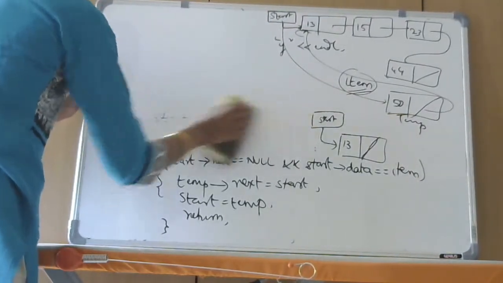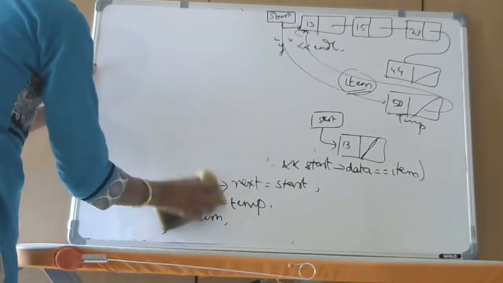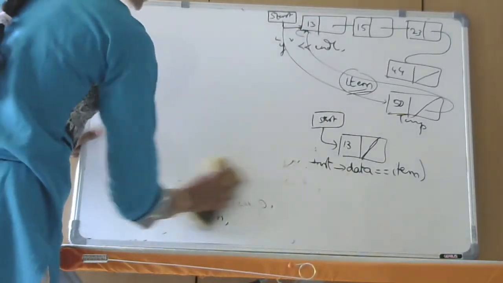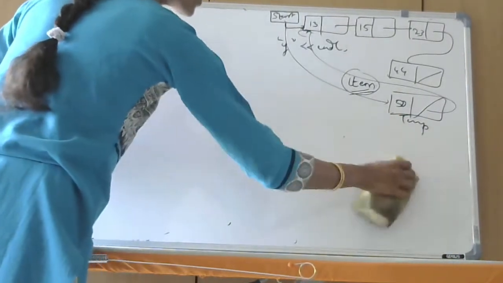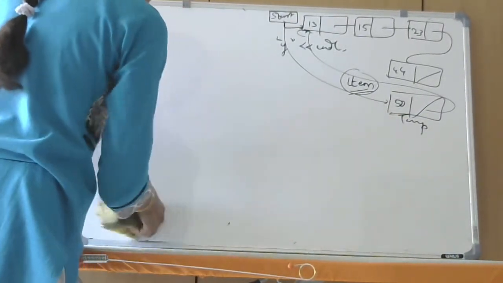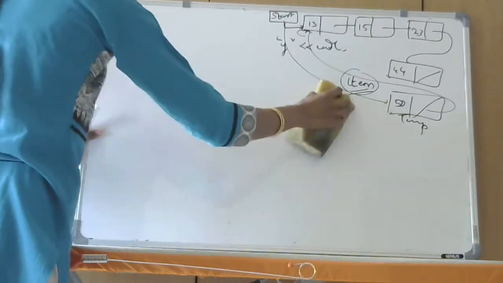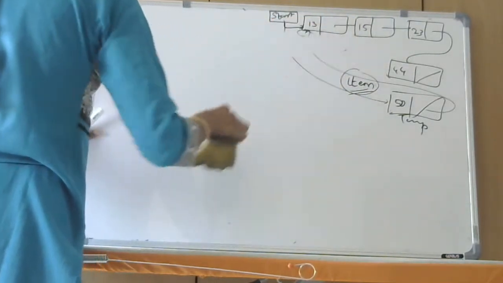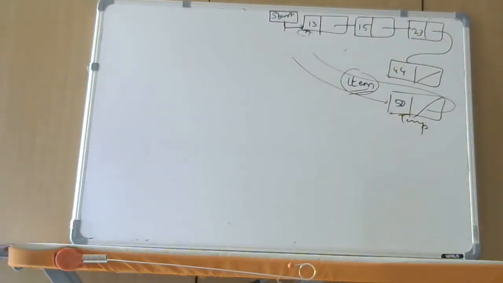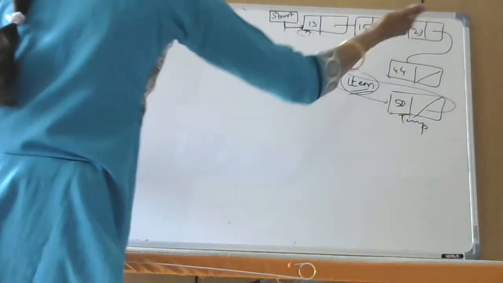I want to insert before the first element, but there are several other elements in the linked list. That's the first condition that we wrote code for. The second one we wrote: we want to insert before the first element, and that's the only element in the linked list. We have seen that part also. Next case we will see where you want to insert before some other element, not the first.